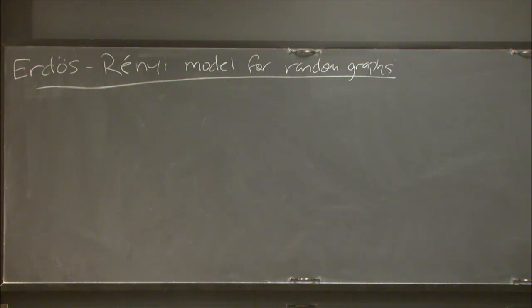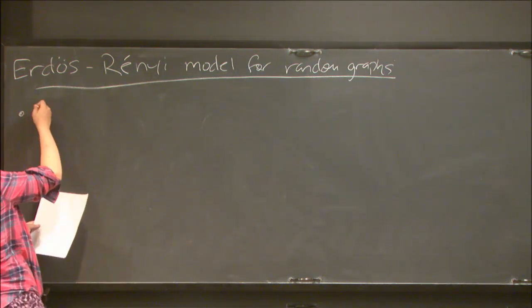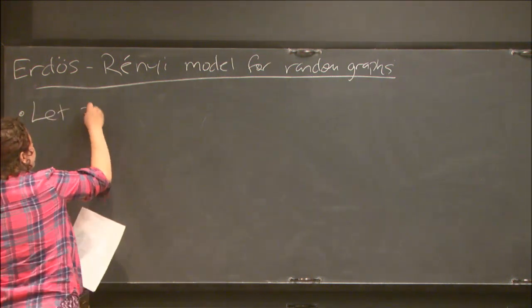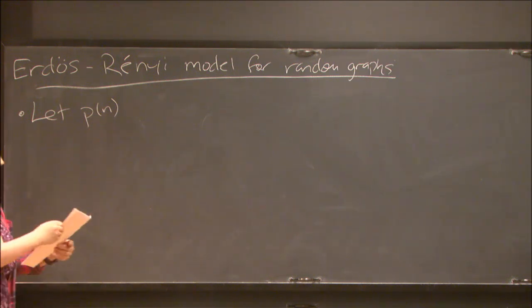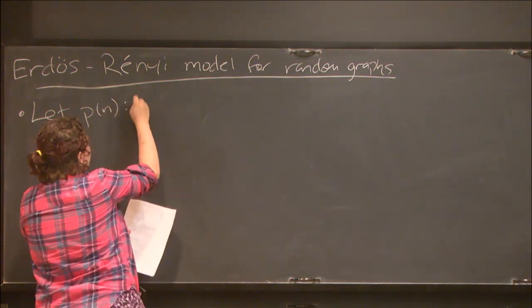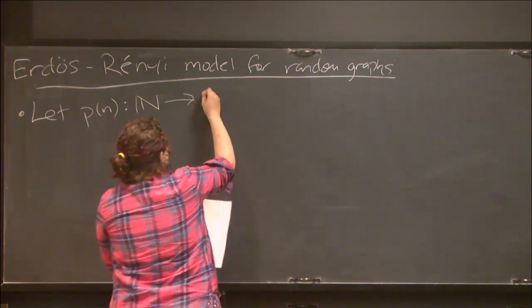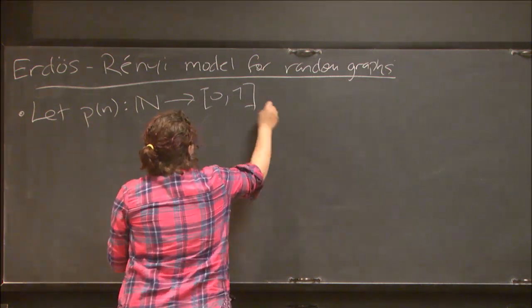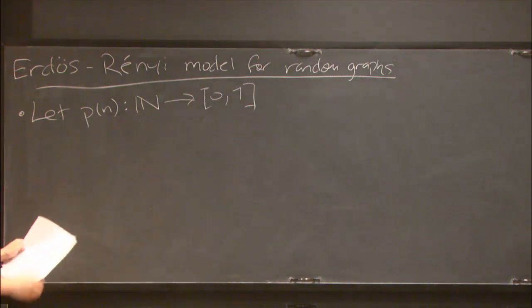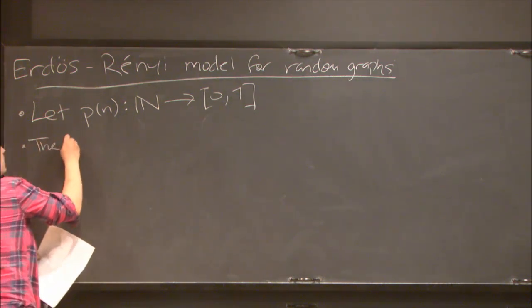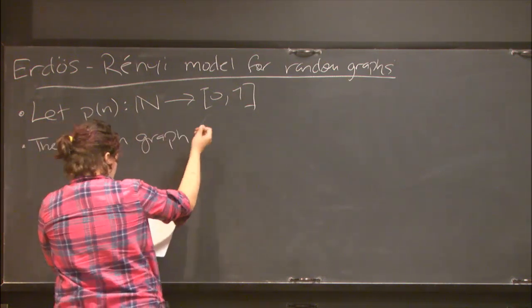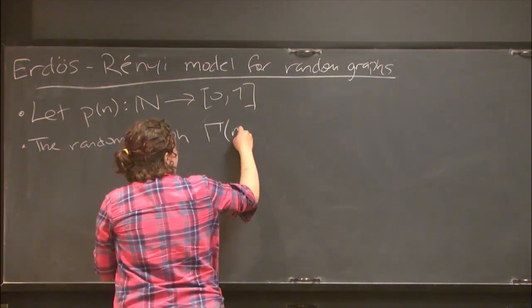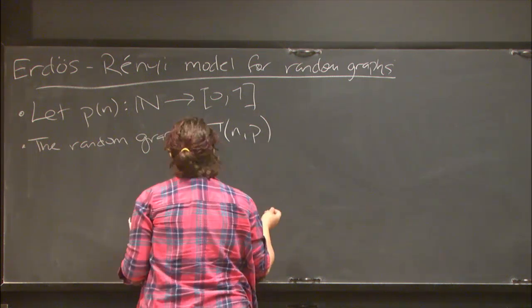There's a couple different things this could refer to, but what I'm talking about is I'm going to let p of n, so p is going to be sort of the probability of an edge happening. It depends on n, so it's a function from natural numbers to the interval from 0 to 1. And then I'm going to say the random graph gamma of n and p.